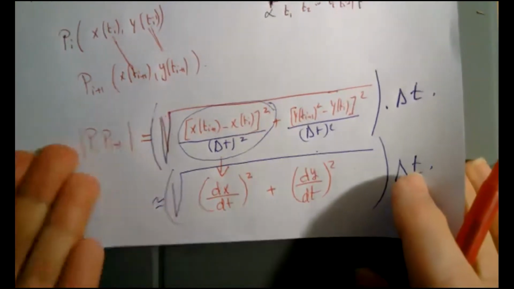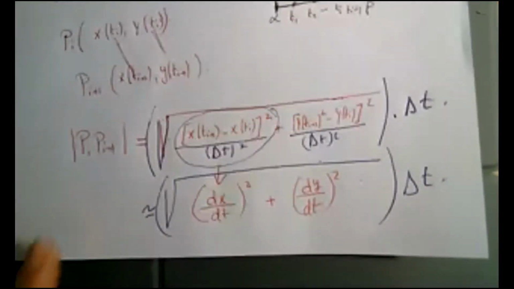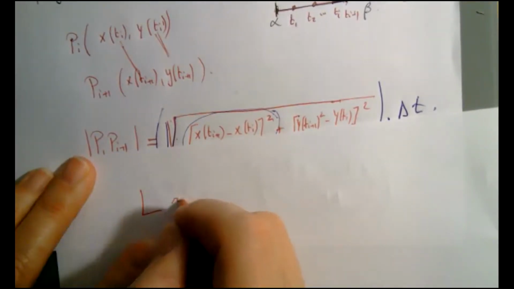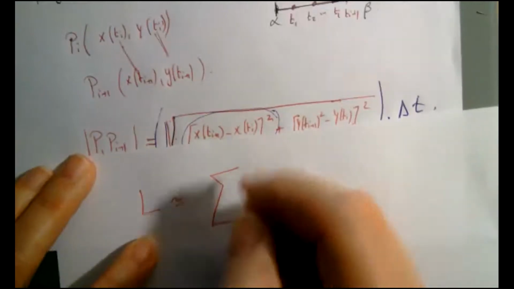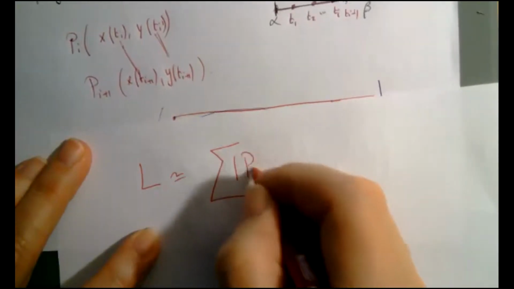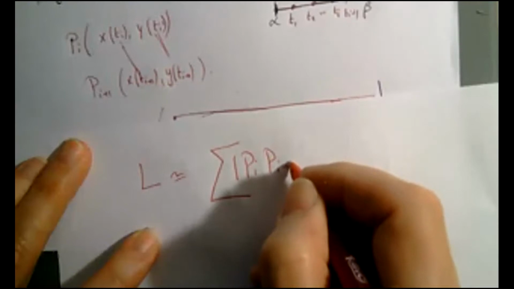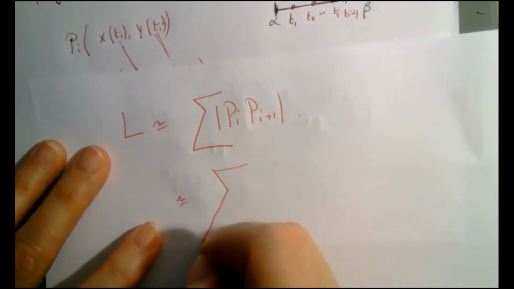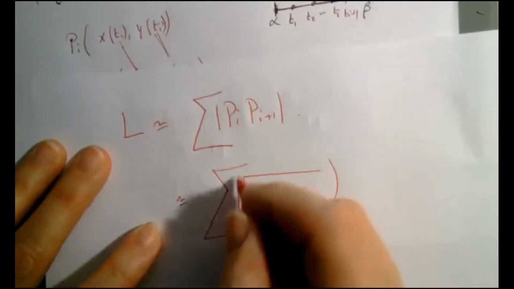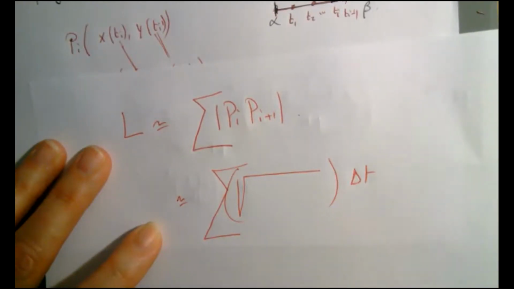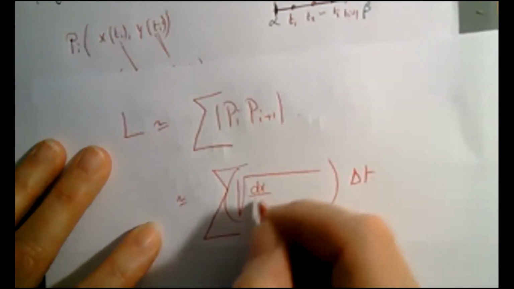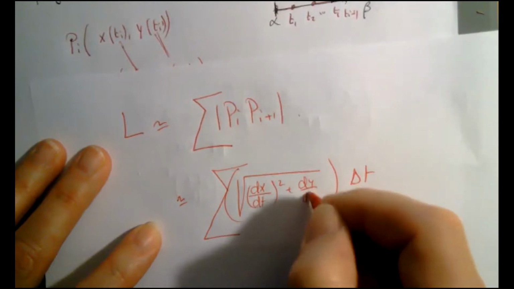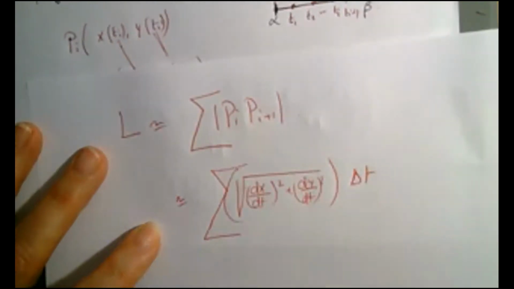So now at the end, I'm going to add to the total length. Now the total length is going to be the sum of the lengths of my line segments. So it's going to be the sum of expressions of the following form. This is my delta t, and those are going to become the derivative squared plus the derivative squared, with some problem in the notation.